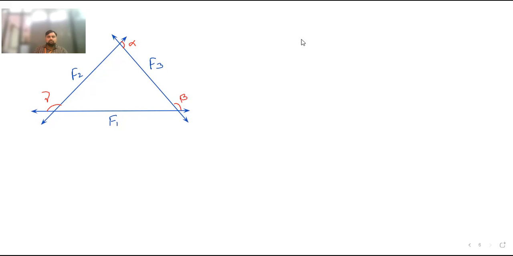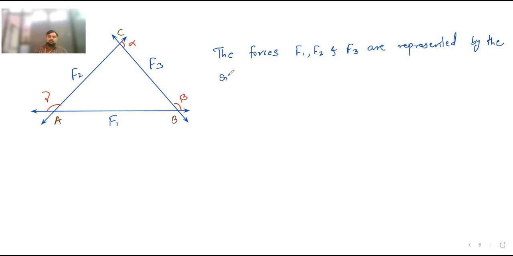So here I will give the names also: A, B, and C. Here I will write: three forces F1, F2, and F3 are represented by the sides of the triangle with exterior angles alpha, beta, and gamma respectively.